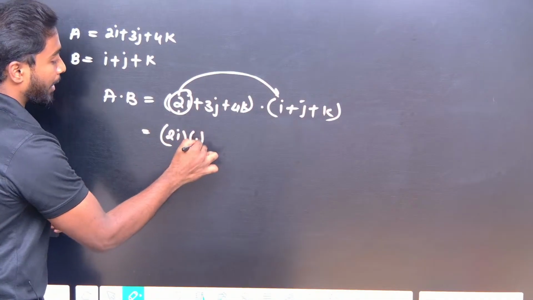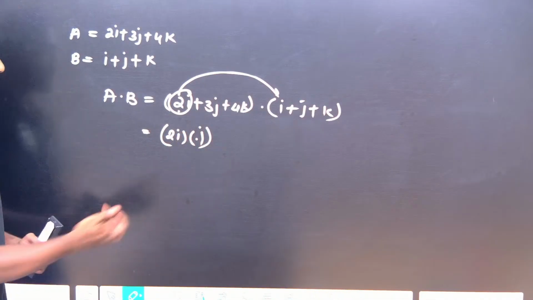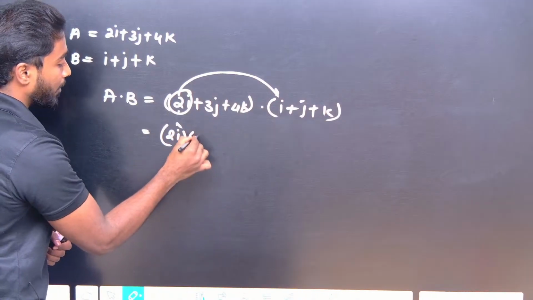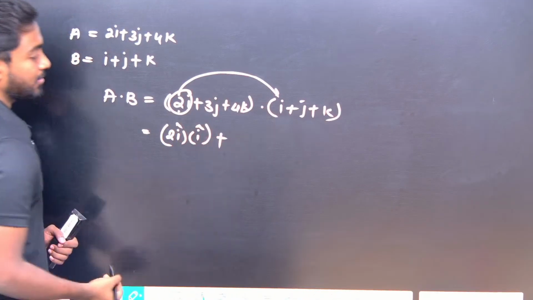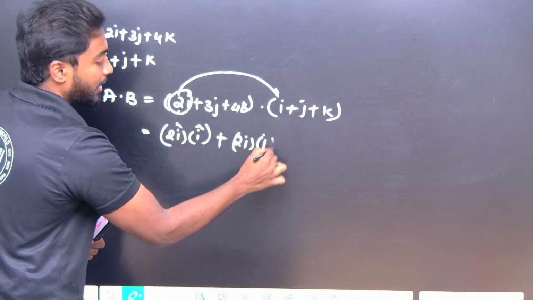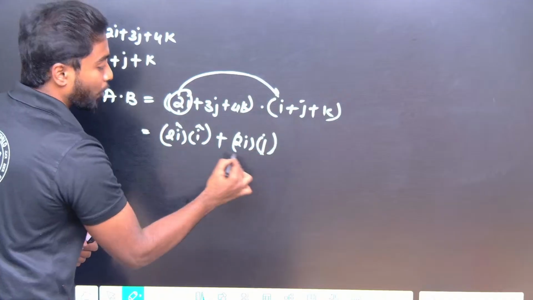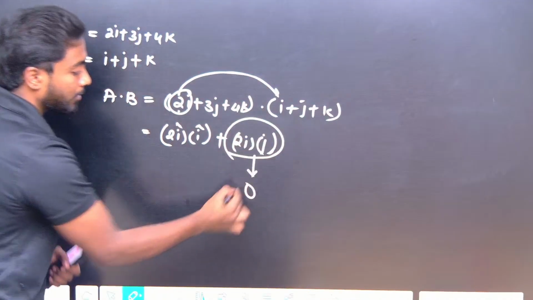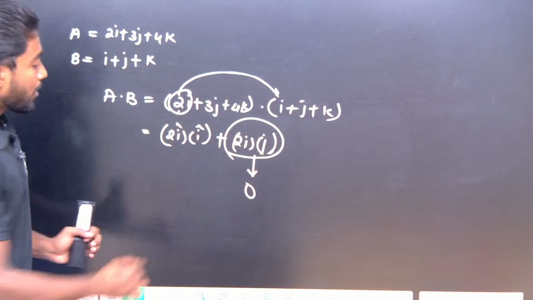So 2i cap into i cap, right? Plus again 2i cap into j cap, right? When I talk about this term, it is 0, yes, it is 0. So what is this term?